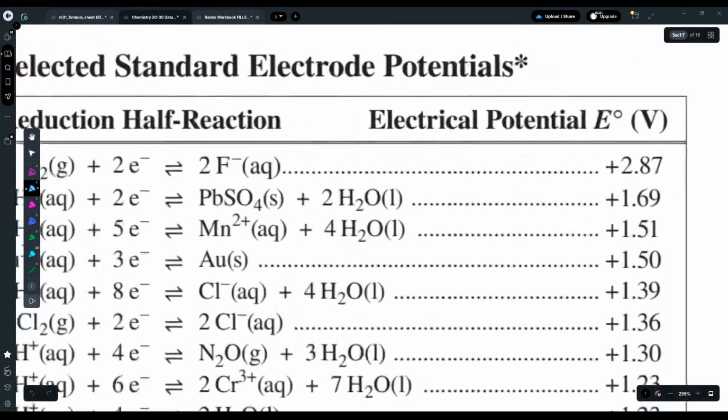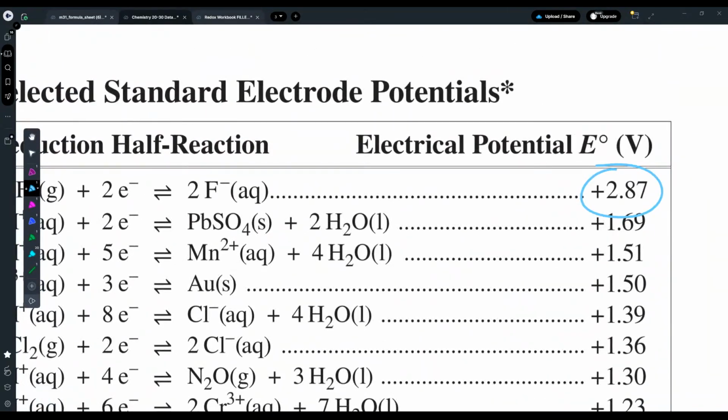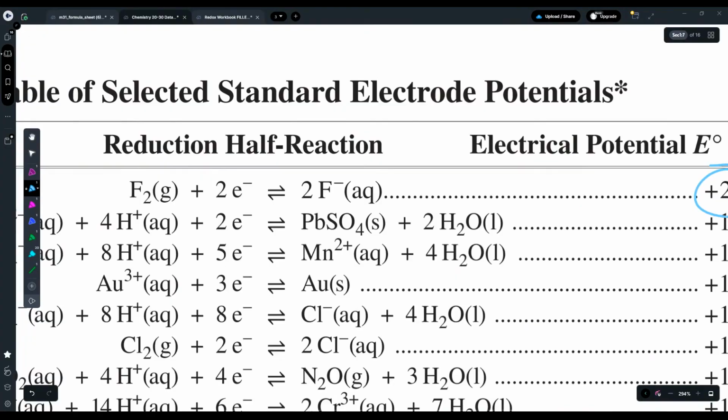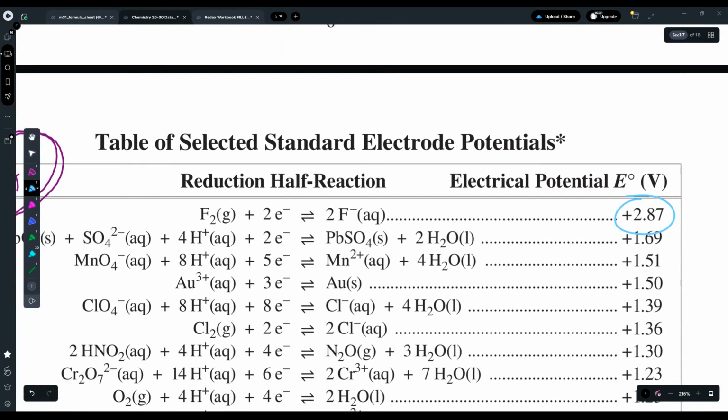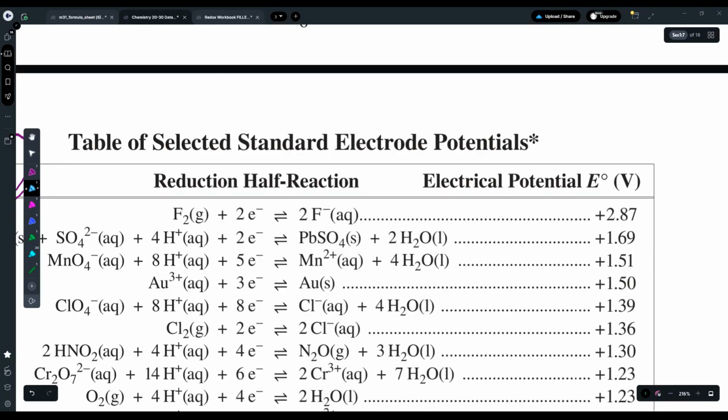Like I was saying earlier, this positive 2.87 only belongs to the reduction half reaction right here, so we're reading it from left to right. If we were reading it backwards, so from right to left, then it would be negative 2.87. And that would only belong to the oxidation version of this first half reaction in this table.